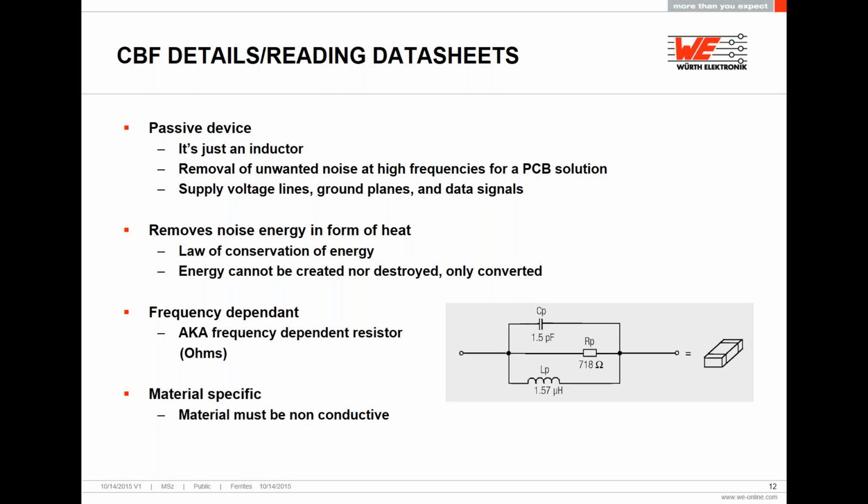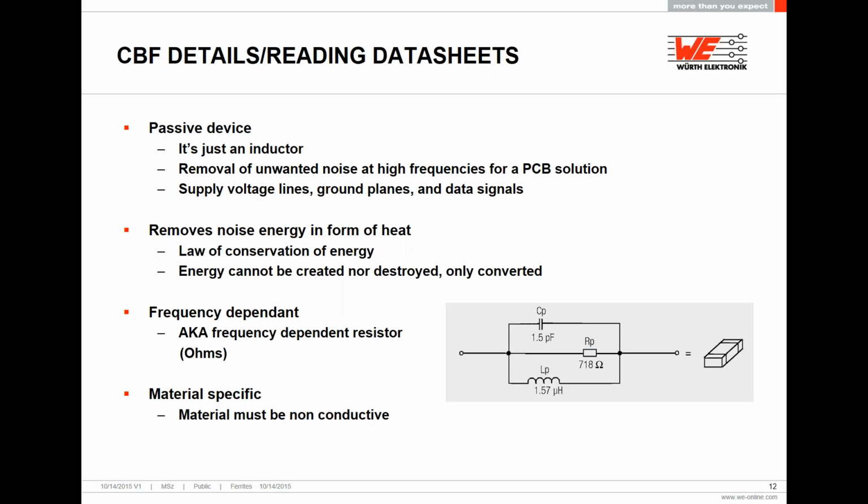In order to maximize impedance of an unwanted signal, you need to choose the appropriate material that has the best characteristics to absorb the specific frequency that you're trying to attenuate. This material must be non-conductive to ensure it does not short to the core. All of Wurth's chip bead ferrites use nickel zinc because it is a non-conductive material.